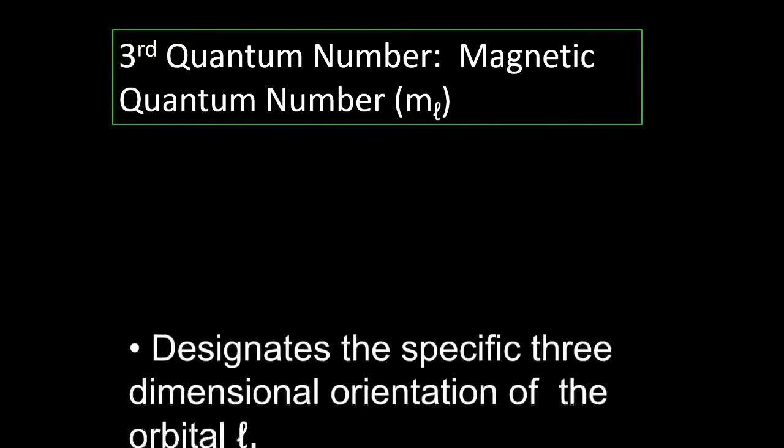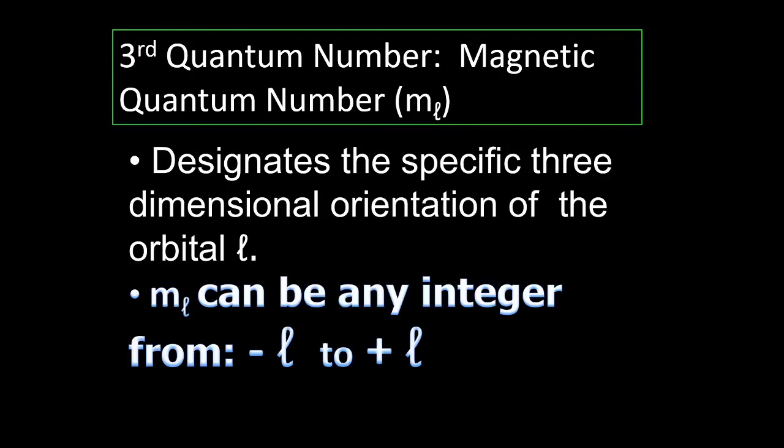The magnetic quantum number simply designates the specific three-dimensional orientation of the orbital. It can be any integer. It can be from negative 3, di ba ang value sa L, ang pinaka-maximum is 3, pwede siya negative 3 to positive 3.